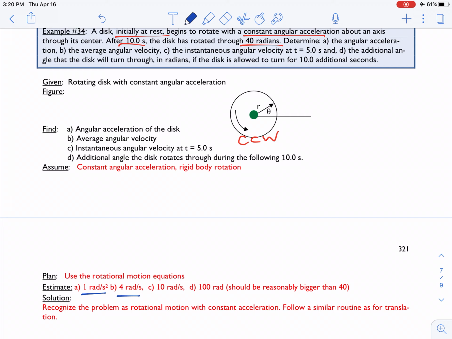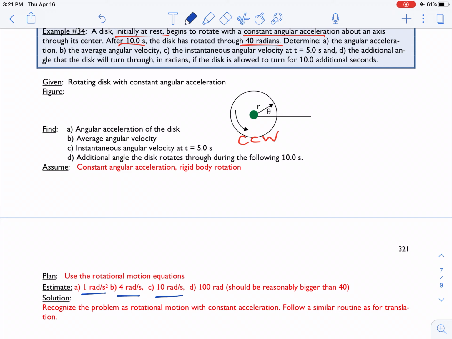And next one is the instantaneous angular velocity, but not at 10 seconds. It's at 5 seconds, somewhere in the middle. Since this is a constant angular acceleration, and they're asking for the half time, you may not see how they're exactly related, but because of the numbers given, it's okay to say order of magnitude is like 10 radians per second.